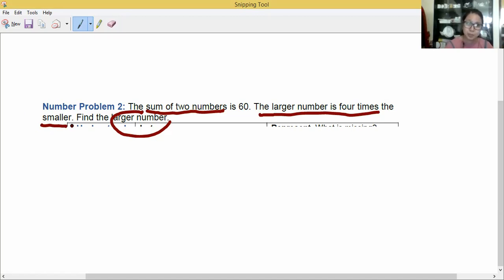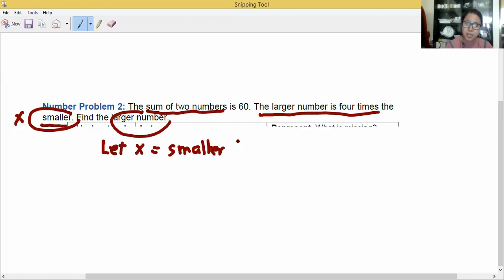The smaller number is the last one being mentioned. So the smaller number will get our variable x. Again, the last one being mentioned takes the x. So we say, let x be the smaller number.